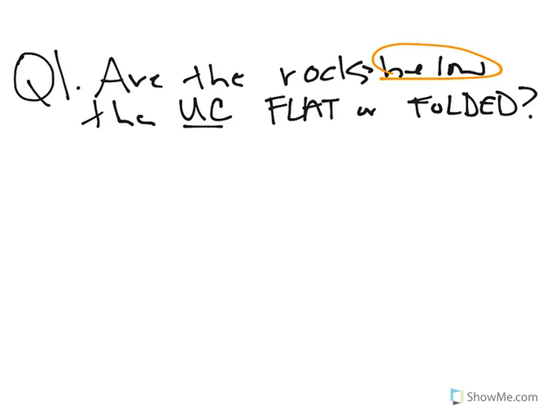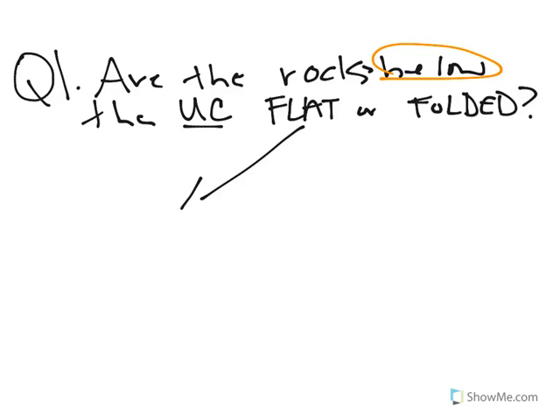Remember, when we talk about relative time, if I'm looking at a whole sequence and I see an unconformity, anything above that unconformity happened later. Anything below the unconformity happened before the unconformity event. So if we're talking about the geometry of when the unconformity formed, we have to look at everything below it.